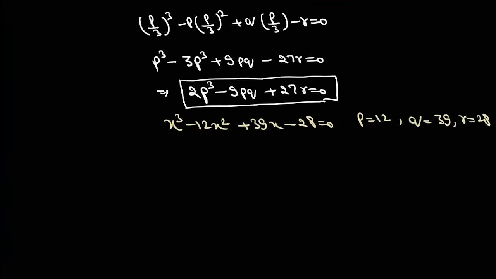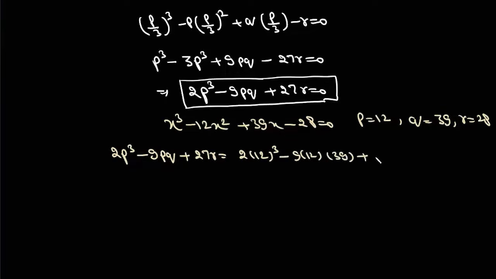Now if we calculate 2p cube minus 9pq plus 27r, there will be 2 into 12 cube minus 9 into 12 into 39 plus 27 into 28, and if we solve this, we'll find it is equal to 0. So that means the roots of this equation are in AP.